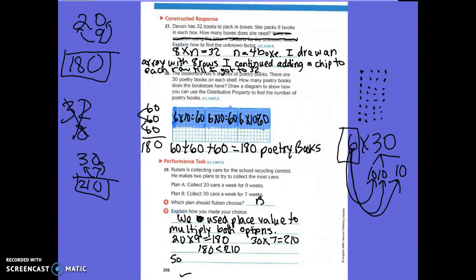So plan B will help him collect more cans.